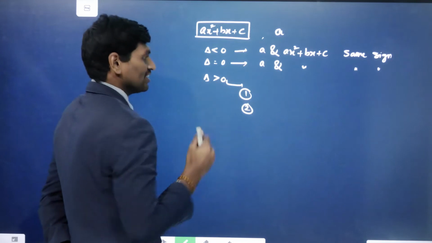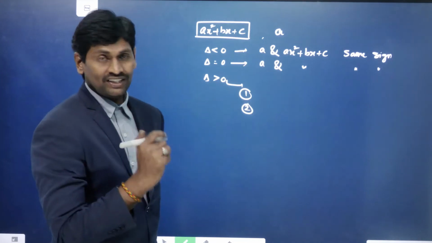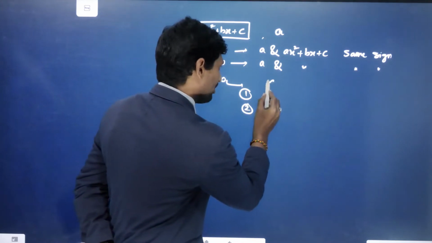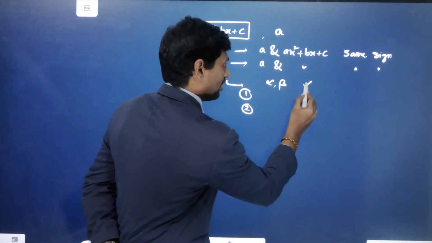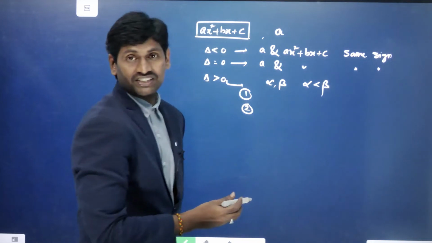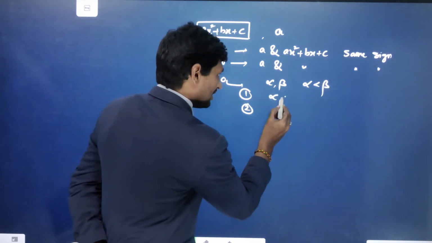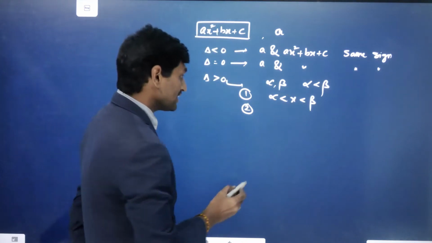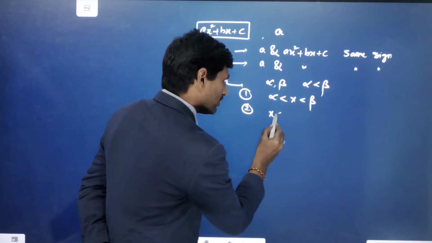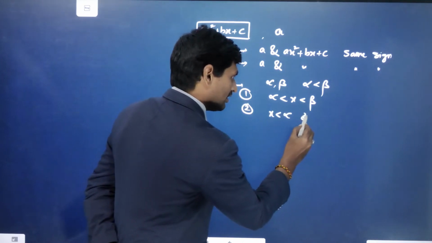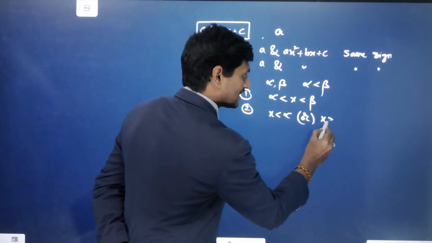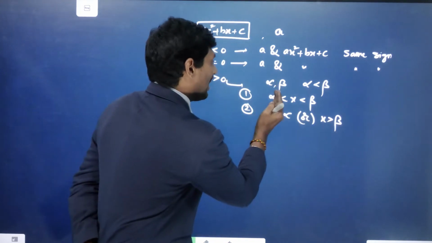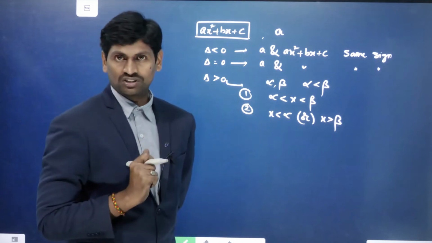In delta greater than 0, there are 2 conditions. We need to identify the roots. Let the roots be alpha and beta. If alpha is less than beta, the first condition is x lies between alpha and beta, and the second condition is x is less than alpha or x is greater than beta. That means x is not between the roots.